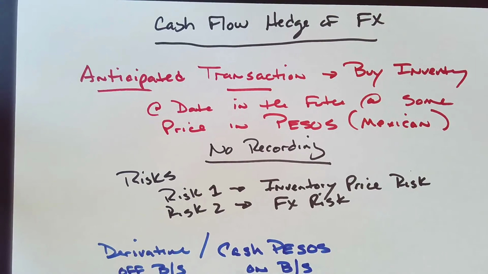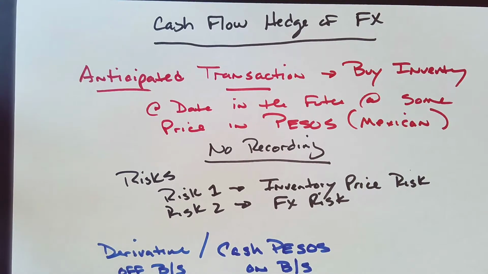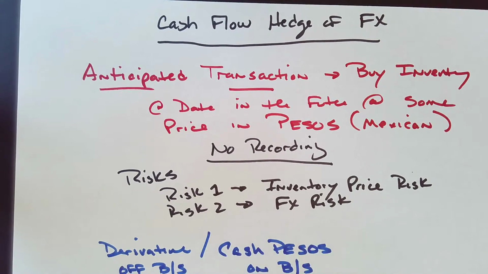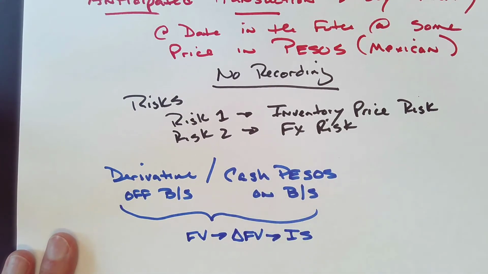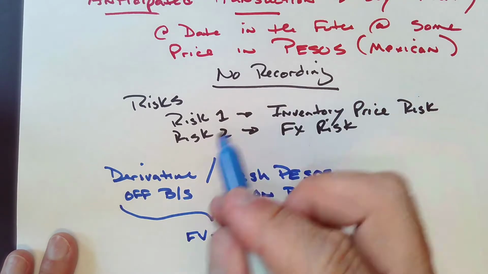In both of these cases, the accounting for this is the remeasured or fair value with changes in the fair value going through the income statement. Now, with the cash pesos, there's going to be a little bit of a different fair value, because with the cash pesos, there's not credit risk, right?